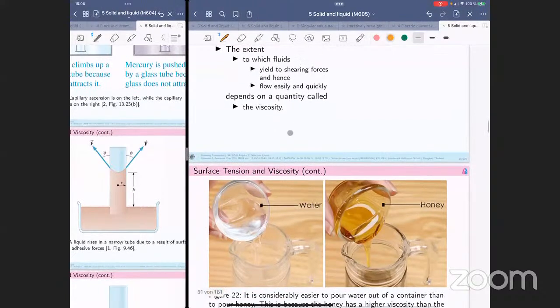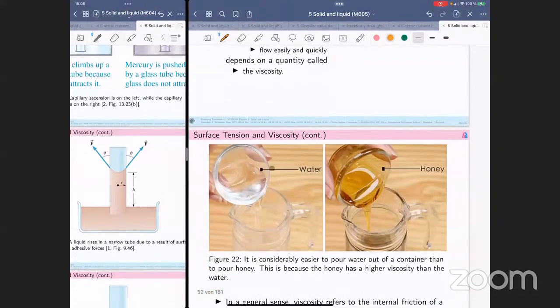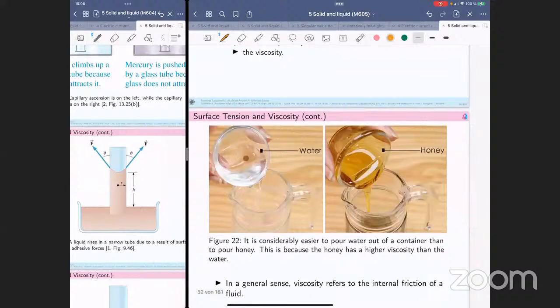Okay, if you still cannot imagine that, let's take a look at this figure. You have here water inside a glass, and another one you have honey. Both are fluid, right? For the water case, if you try to pour the water into the jar or a cup or container, you will see that it's quite easy for you to let the water get into the jar, right? It's not difficult.